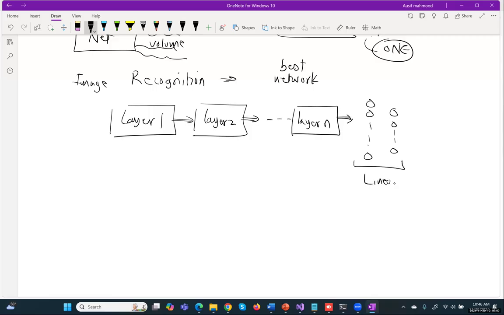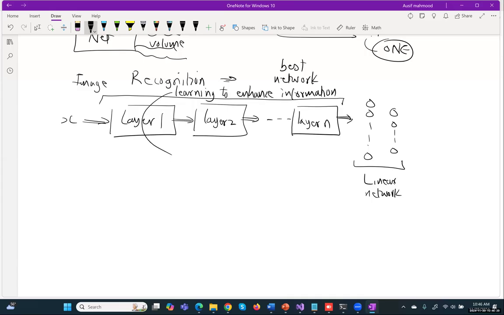So this is our linear network. And its job will be to do the classification. And the idea is that these layers are basically learning to enhance information. And sometimes we call these feature learning.